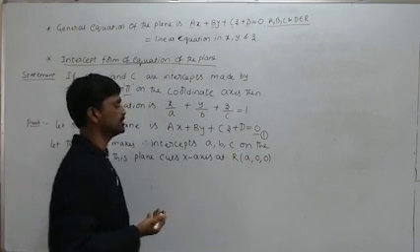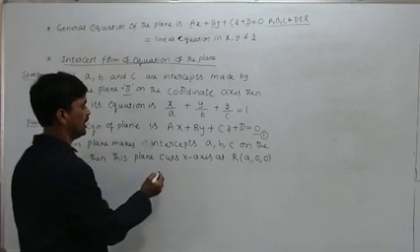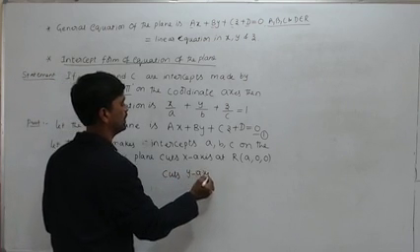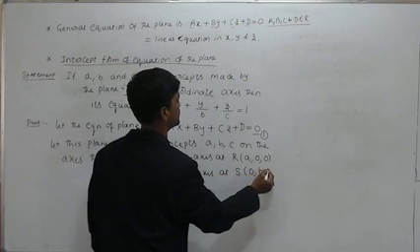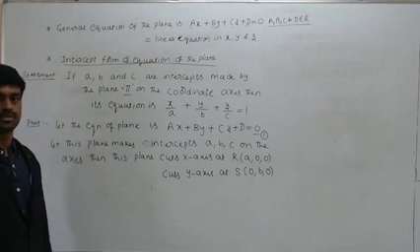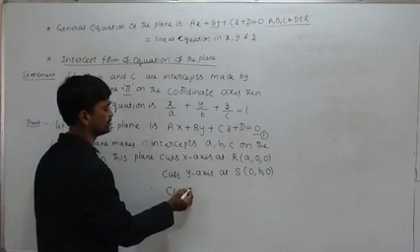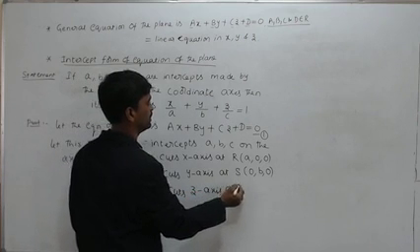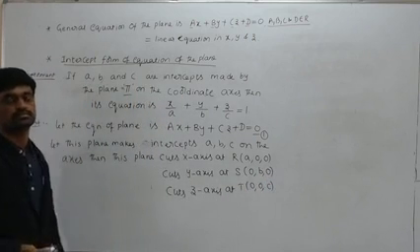As the x-intercept is small a, it cuts the x-axis at the point (a, 0, 0) and cuts the y-axis at the point (0, b, 0) because the y-intercept is b, and cuts the z-axis at (0, 0, c).